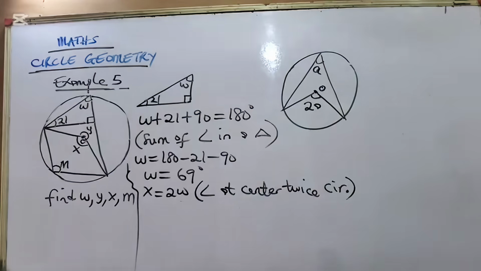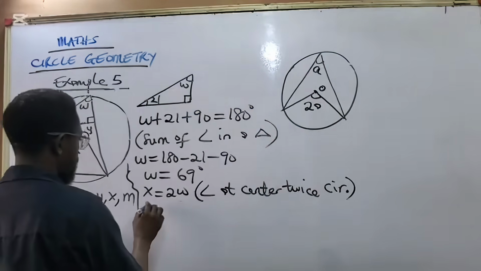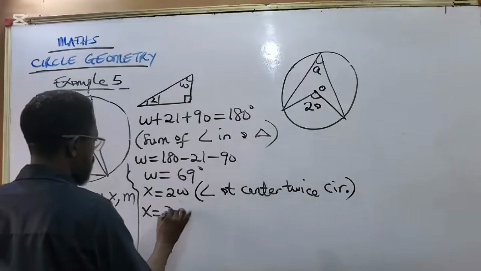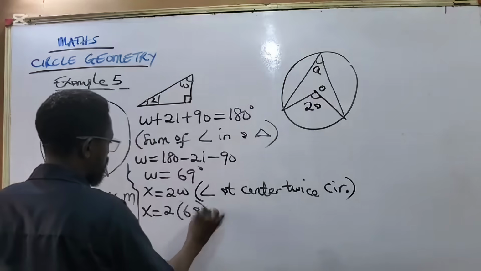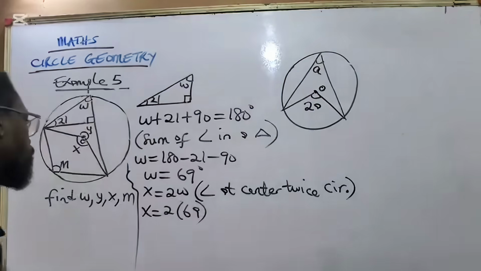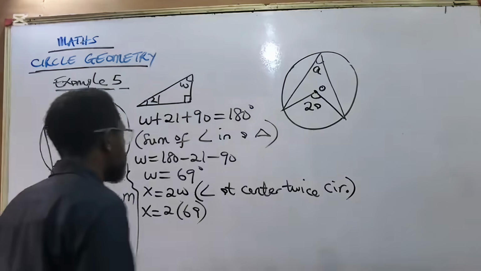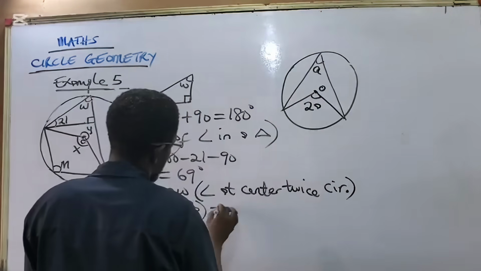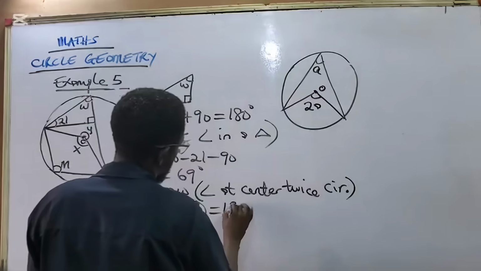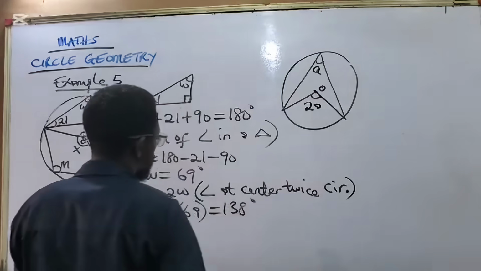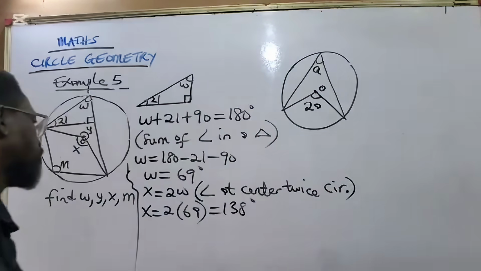So now X will now be 2 times 69. When you multiply that, we get 138 degrees.